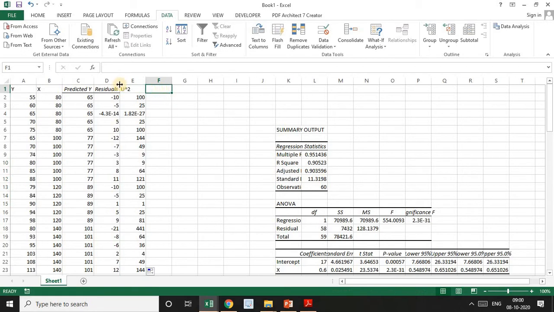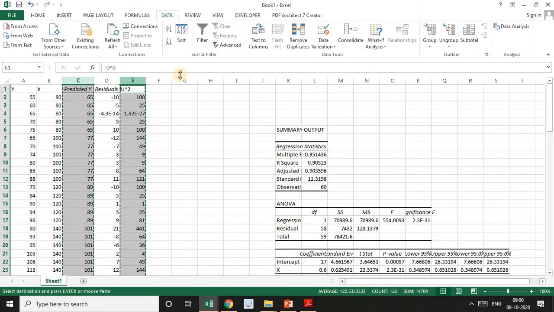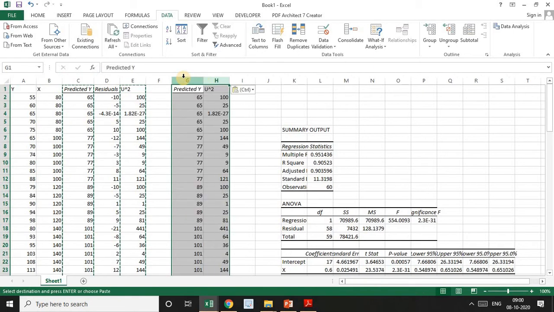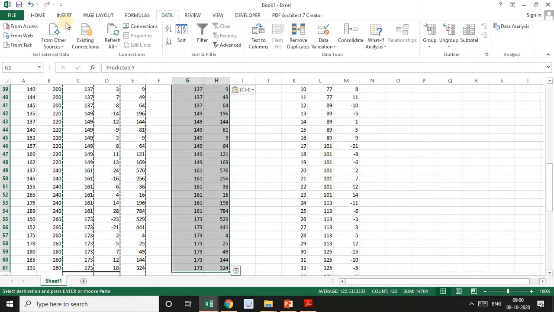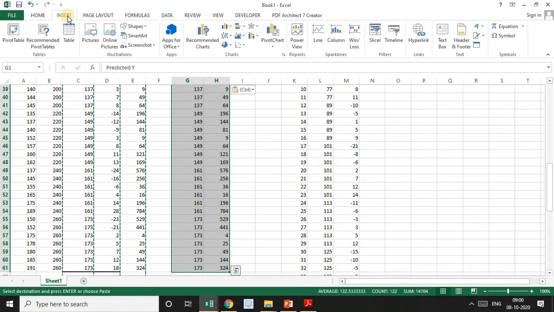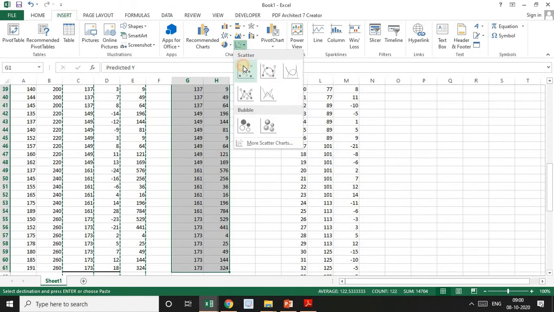Okay, then you copy both of these and paste it here. Then you select both and insert a graph for that. What type of graph you have to plot? You have to plot a scatter plot.